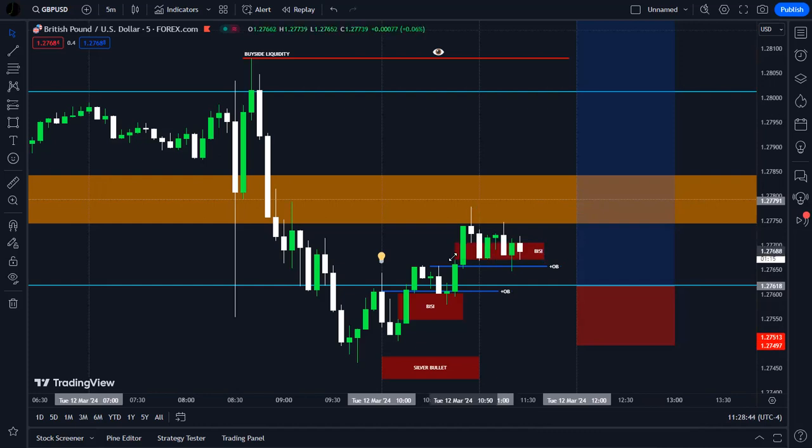The wicks can drop outside the fair value gap, but the bodies should stay within it. So the bodies will tell us the story, the wicks will do the damage.